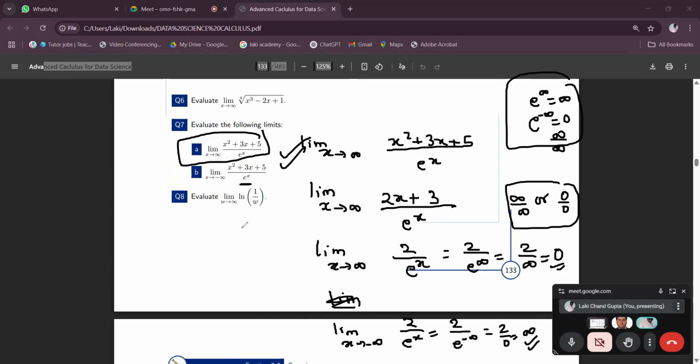It means that when you are going to the left side, it will diverge. But when you are going to the right side, it goes to 0. When going left, it is going upward, but going right, it is going towards 0.